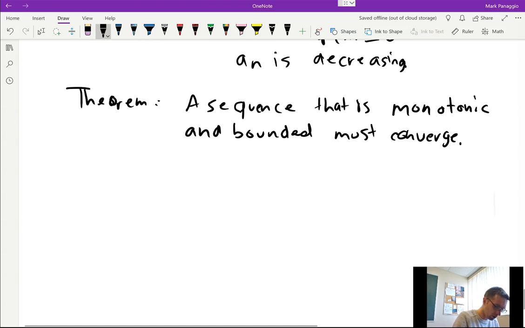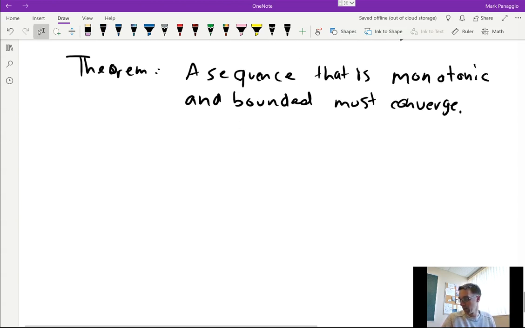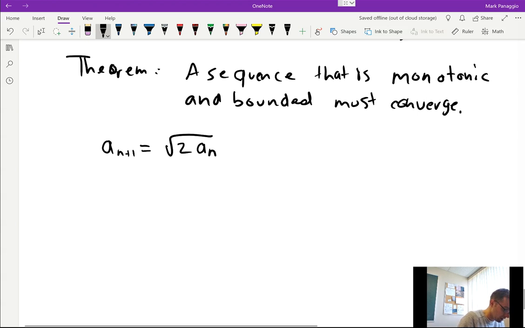So I won't go through all the details of this, but an example of one such sequence is the sequence that looks like this. a(n+1) is equal to the square root of 2 times an, meaning each term is the root of 2 times the previous one. And if you write down terms in the sequence, let's suppose that a0 is 2.